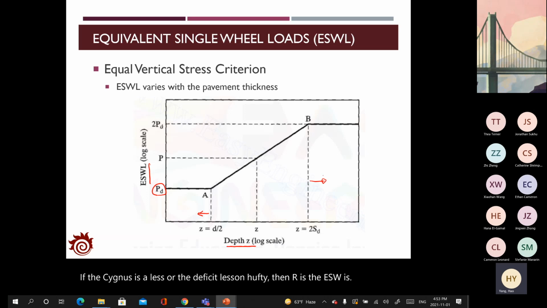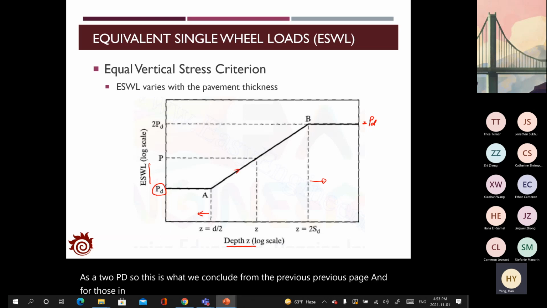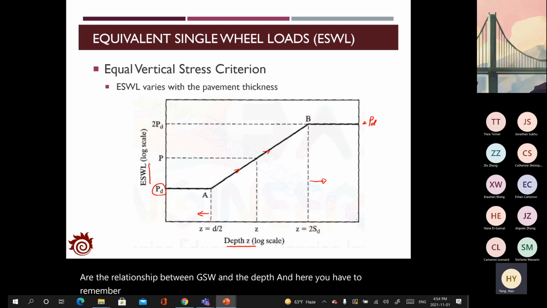If it's higher than 2 SD, it's 2 PD. This is what we concluded from the previous page. And for those in between, we're going to use a linear relationship to describe the relationship between ESWL and the depth. And here you have to remember that both axes, the horizontal axis and the vertical axis, are on a log scale. So it's not the linear value.